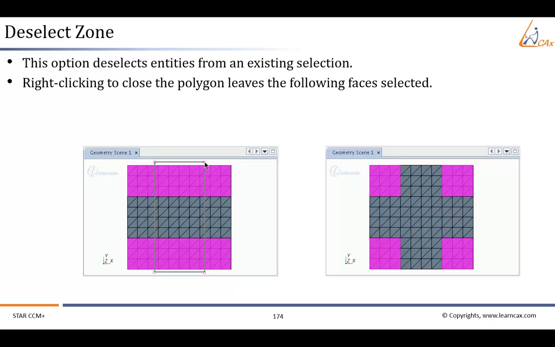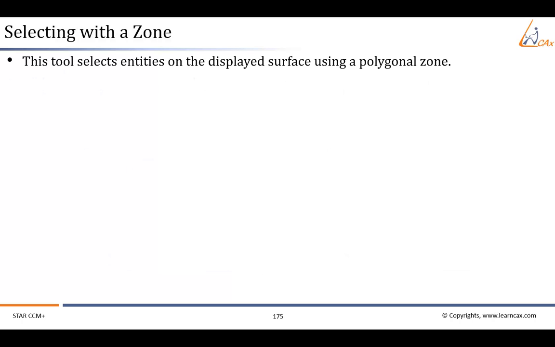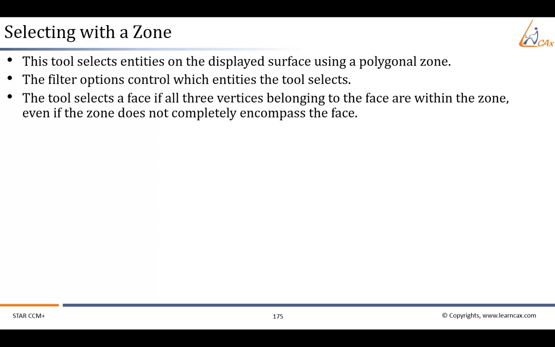The next is Select Zone. This tool selects entities on the displayed surface using a polygonal zone. The filter options control which entities the tool selects. The tool selects a face if all 3 vertices belonging to the face are within the zone, even if the zone does not completely encompass the face.